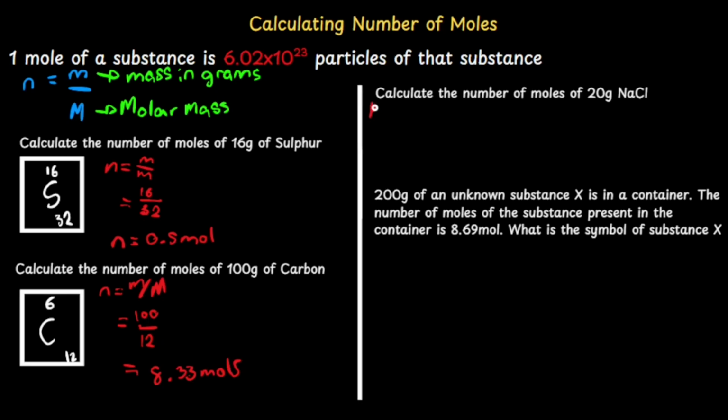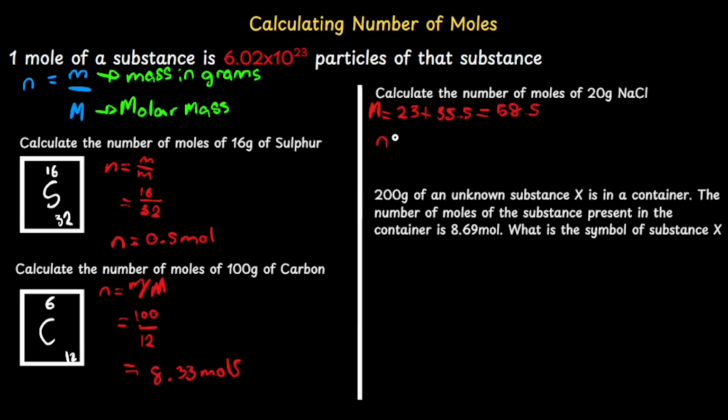So molar mass of NaCl is actually the mass of sodium, Na. So the molar mass of sodium is 23, and we're going to add that to the molar mass of chlorine, which is 35.5, and we would obtain a molar mass of 58.5. Now that we have the molar mass of our substance, of our molecule, which is 58.5, we can go ahead and calculate the number of moles present in the system.